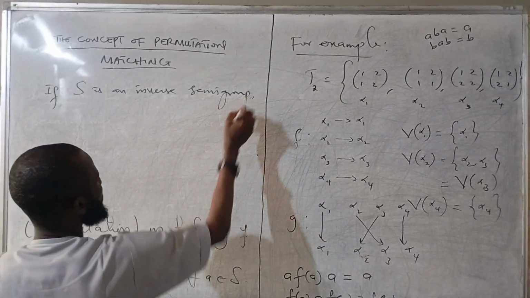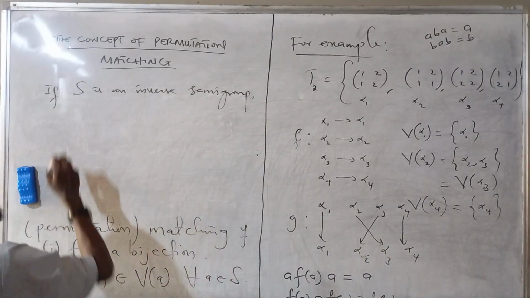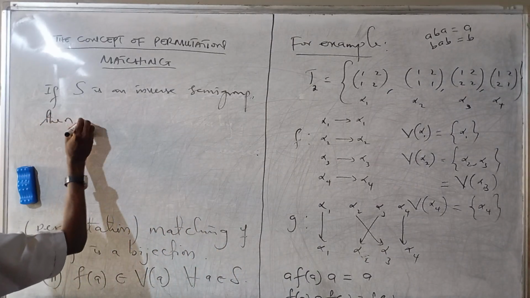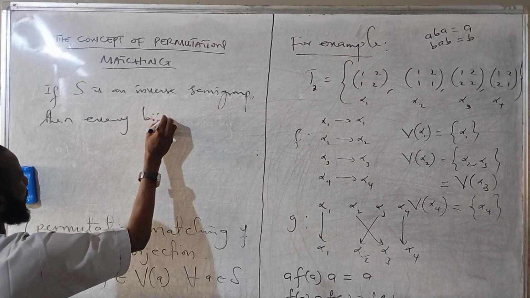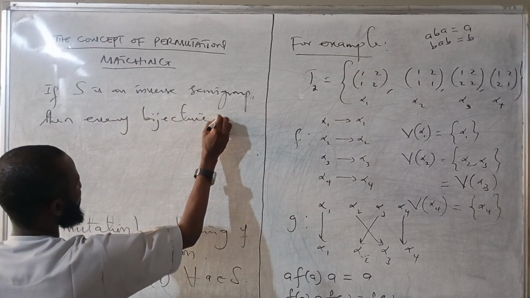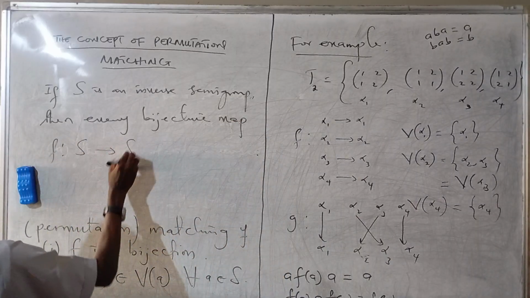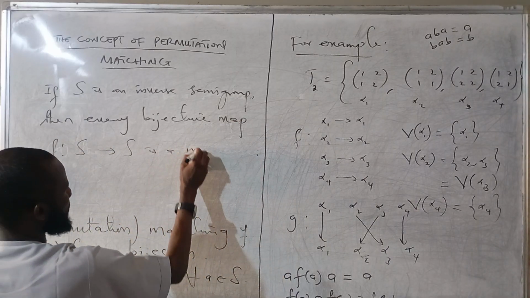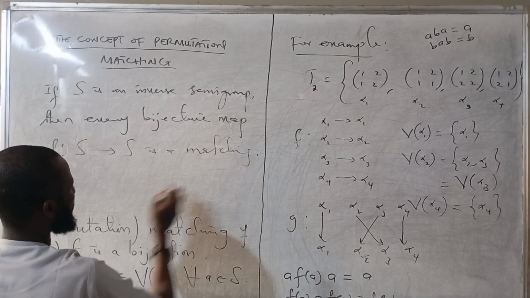So if S is an inverse semigroup, then every bijective map f from S to S is a matching. It's a permutation matching of S.